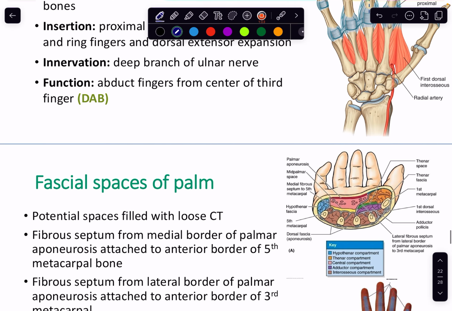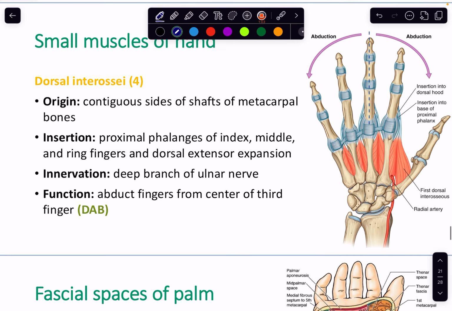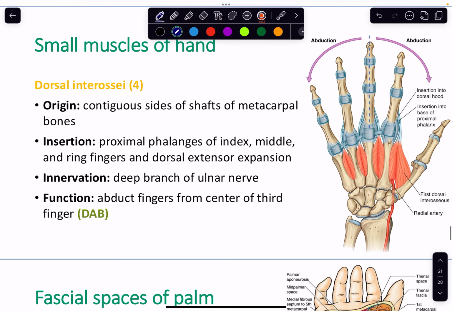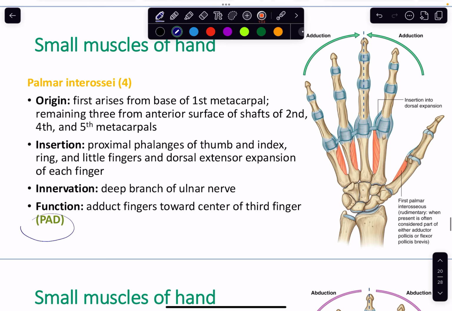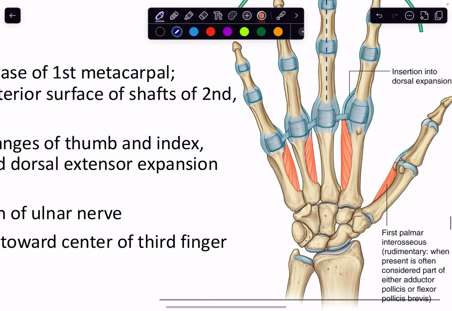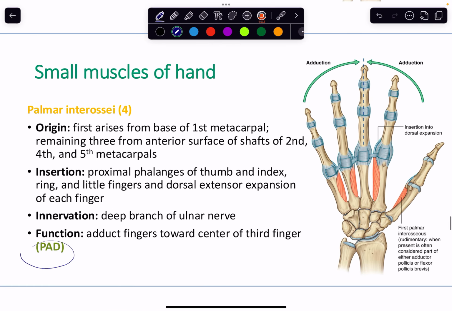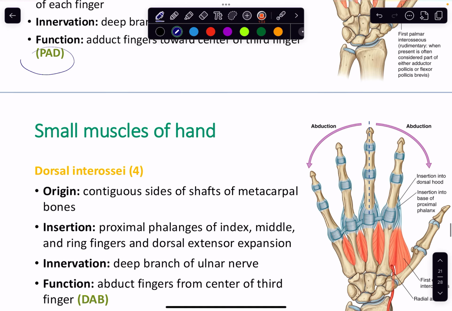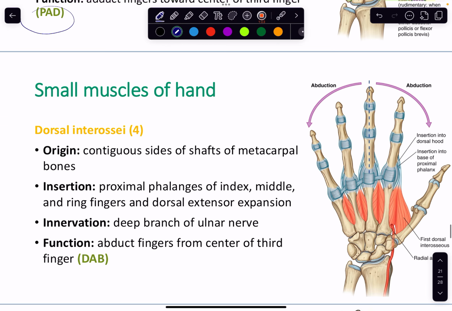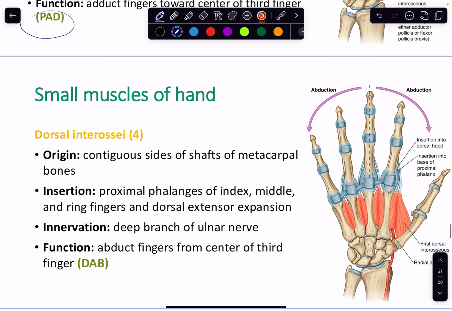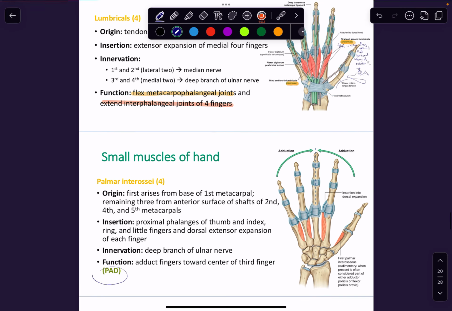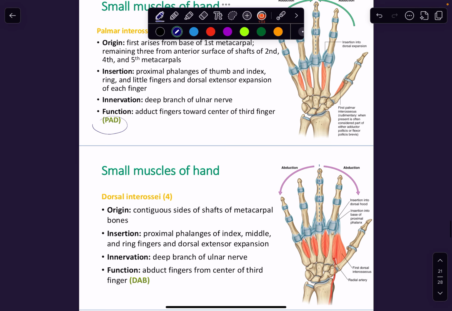If you show me your hand, this is the center, right? Now you want to pull this towards this, and this towards this. So the insertional pull, the point of attachment, will be where?